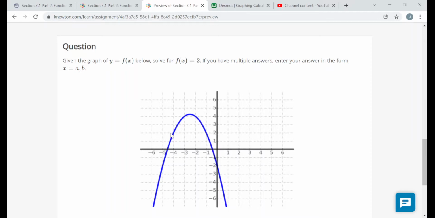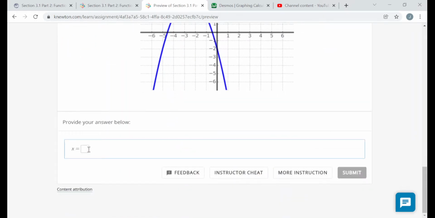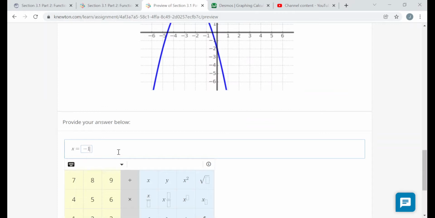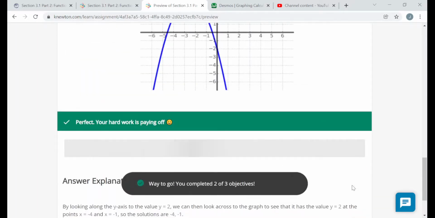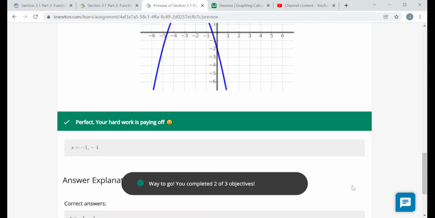That's this point and this point where x is -1 and where x is -4. -1 has an output of 2 and -4 also has an output of 2. So the answers are, x equals -1, comma, and also -4. They ask you to separate the possible answers by commas. And pretty easy, I feel, when looking at a graph especially.